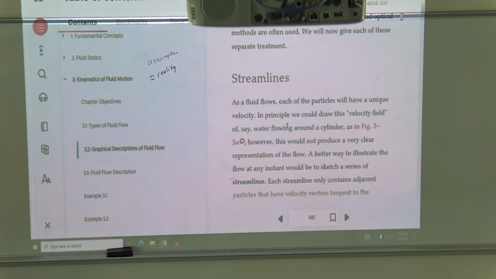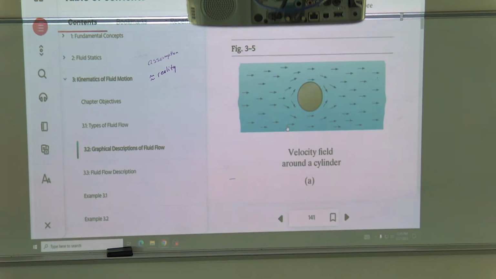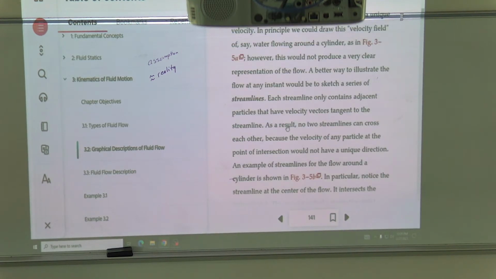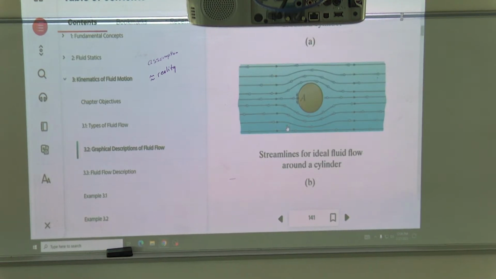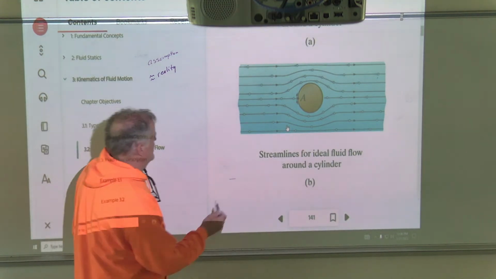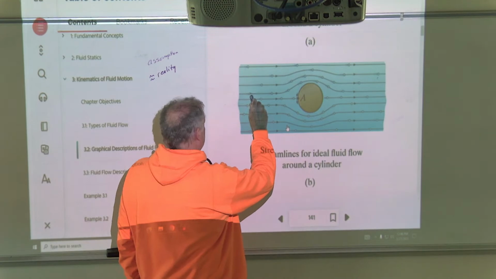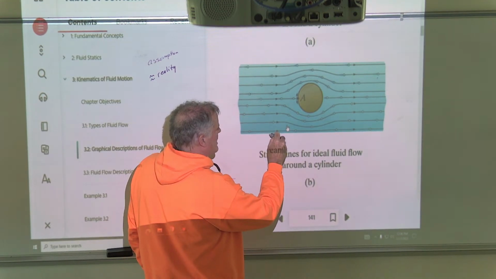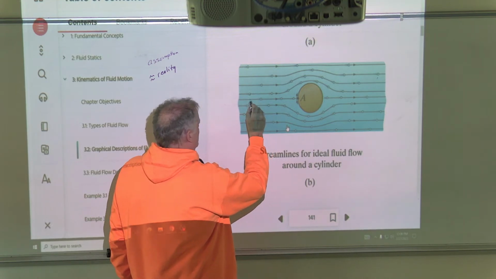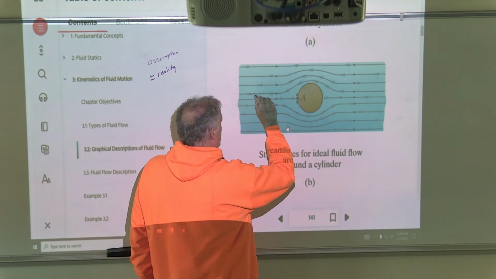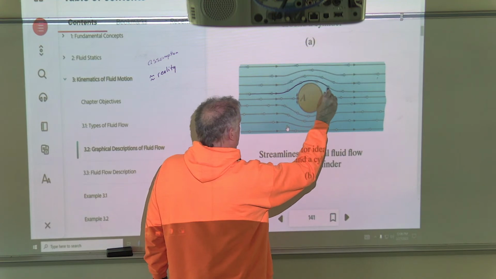What you'll find is a streamline and a streak line. In a streamline, if it's steady flow and you drop a color right here, say you drop a feather floating on top of the water, and it's going around this. It'll go around here.